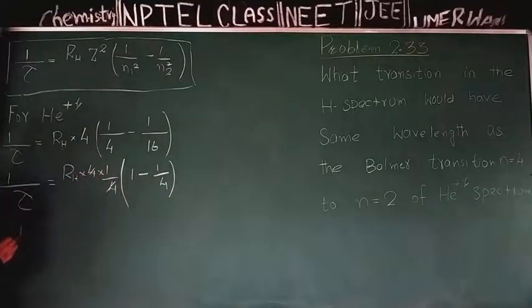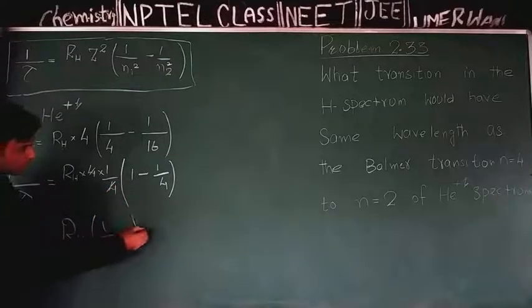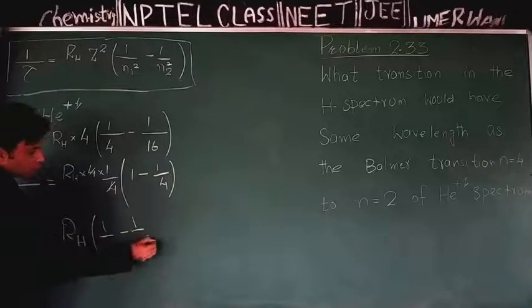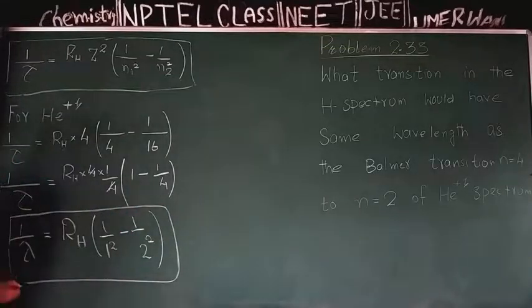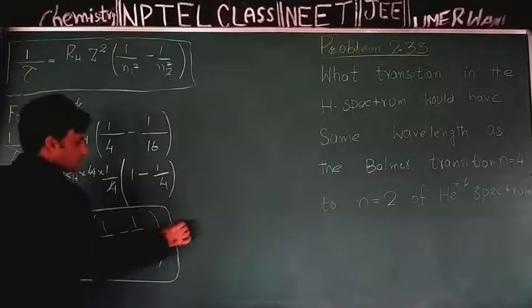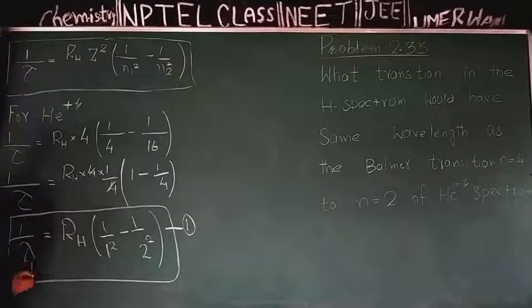I can write 1 by lambda is equal to RH into 1 by 1 square minus 1 by 2 square. This equation I will label as equation 1, and it gives me the wavelength of quantum of radiation emitted in case of helium ion when the electron transition occurs.